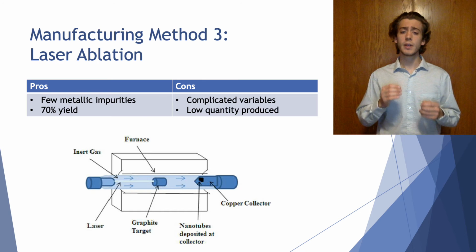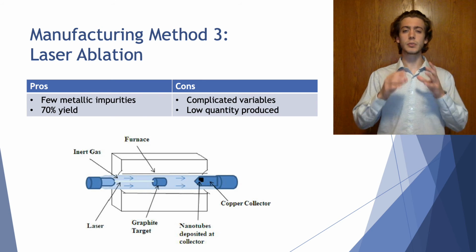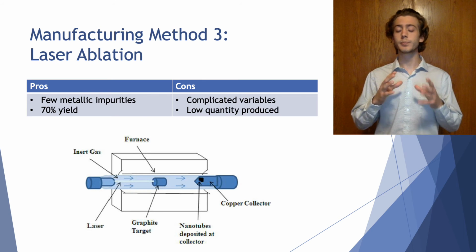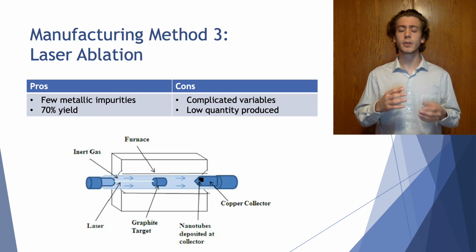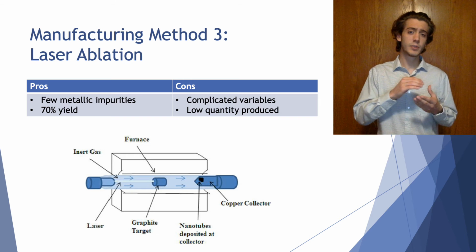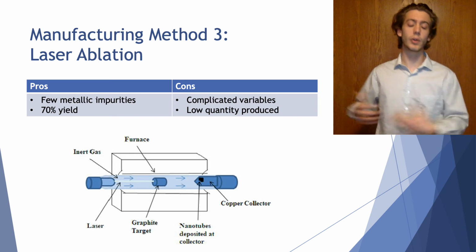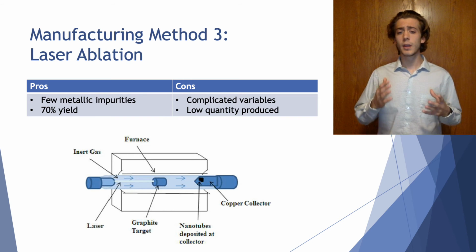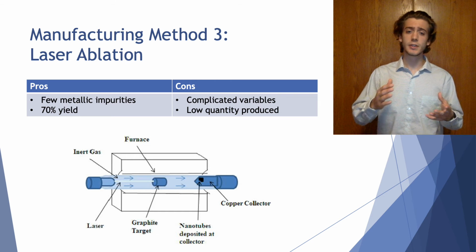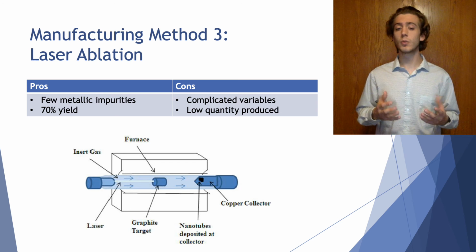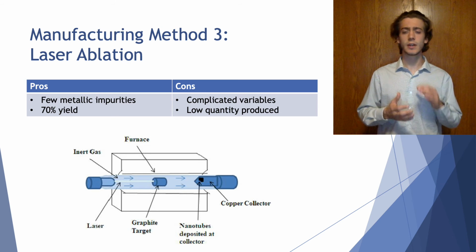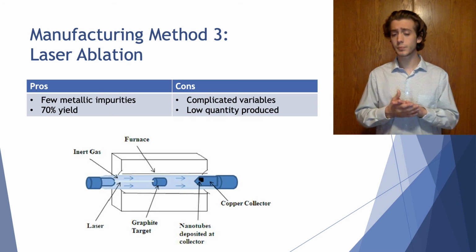That laser is going to deteriorate our carbon target and convert it into different products. We're going to get some carbon nanotubes and some byproducts like copper or other things that are involved in it. But the good thing is that, set up properly, these byproducts are really easy to remove, and it's extremely easy to isolate our pure carbon nanotubes.